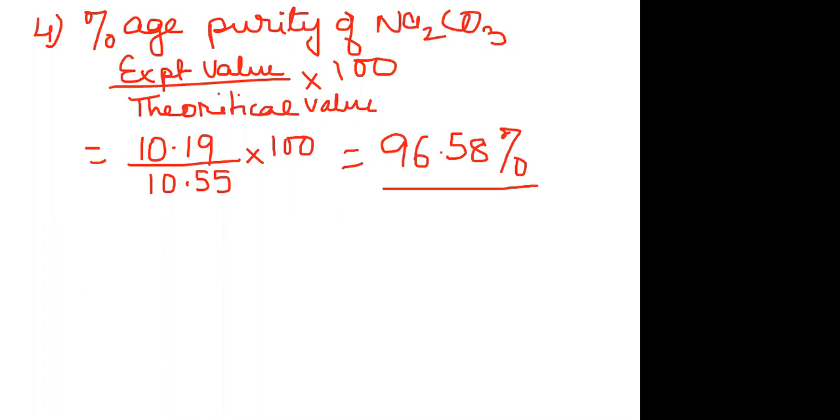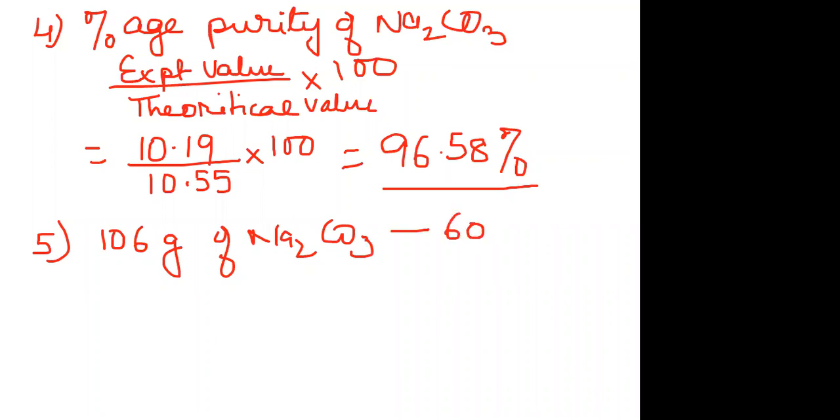The fifth one was to find the strength of carbonate ions in grams per liter. Again, you can apply the unitary method: 106 grams of sodium carbonate is containing 60 grams per liter of carbonate. So 10.19 grams of sodium carbonate will have how much?